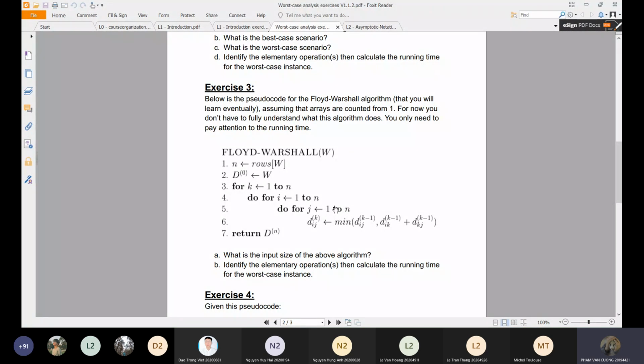So the check condition here returns false, so the for loop is stopped. But for the outer loops, i from 1 to n and k from 1 to n, we can only count the times the check condition returns true. Why, you may ask? Because if the check condition here returns false, then the for loop inside will not be executed. So yeah, you understand?